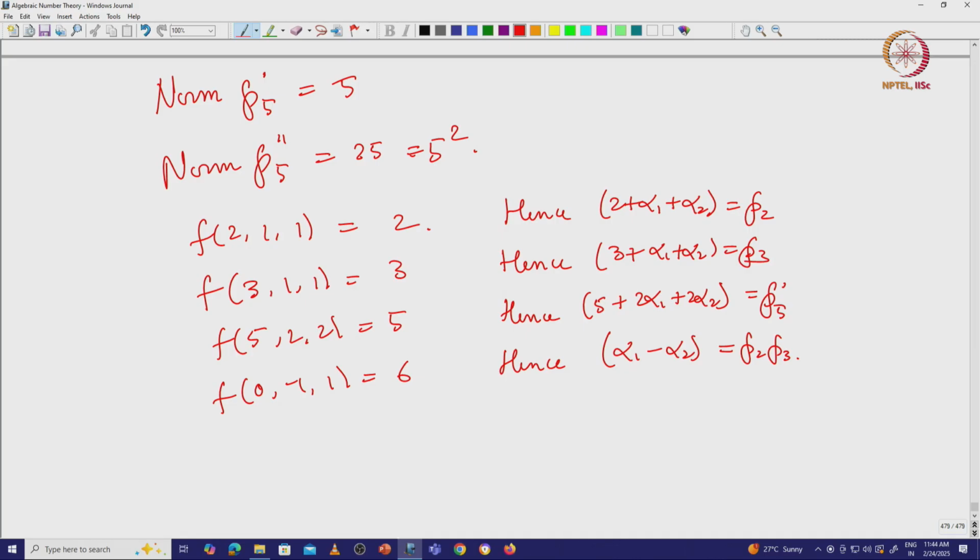So hence what we have proved is the following. So, you see that you compute the Minkowski bound. So, Minkowski bound for k is 7, or less than 7 in fact, right.